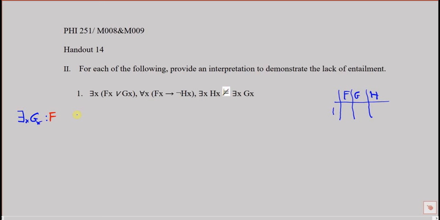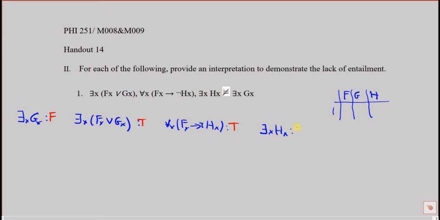So we want to make there is some x Fx or Gx true, we also want to make for all x, Fx arrow not Hx true, and we also want to make there is some x Hx true.